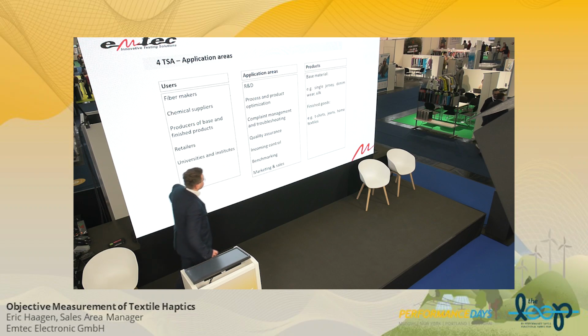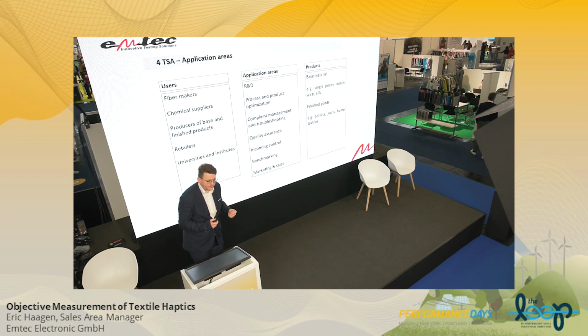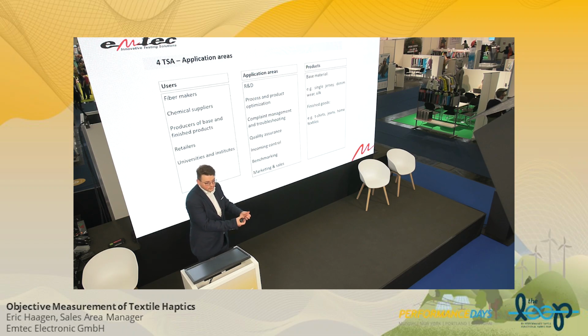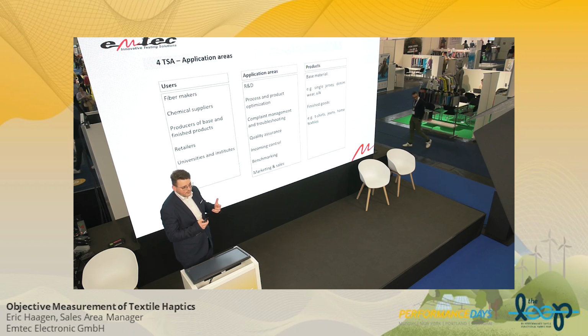This is actually a good topic, because when I walked around here, I spoke with a lot of guys, and they already told me, when we get in contact with our customer about quality, then the customer, of course, feels the material, and then there are certain complaints, this is not a good quality.